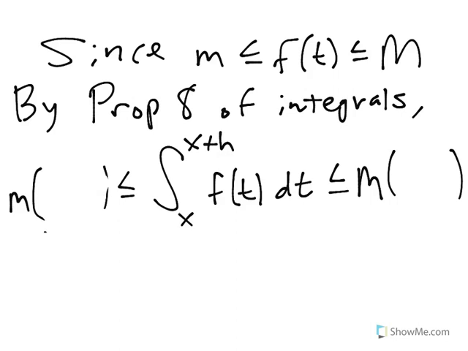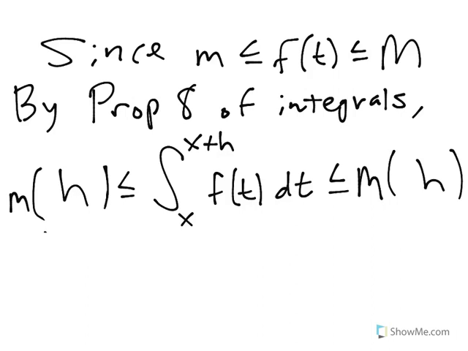So it's really m times h, and then over here the upper bound is capital letter M times h as well. So what we've used so far is the extreme value theorem, which says there's a lower bound and an upper bound on the function, and now we've used property 8 of integrals, which says that the integral is bounded when the function is bounded.